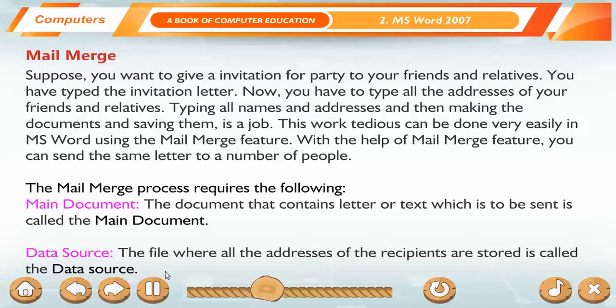The Mail Merge process requires the following. Main document. The document that contains the letter or text which is to be sent is called the main document. Data source. The file where all the addresses of the recipients are stored is called the data source.